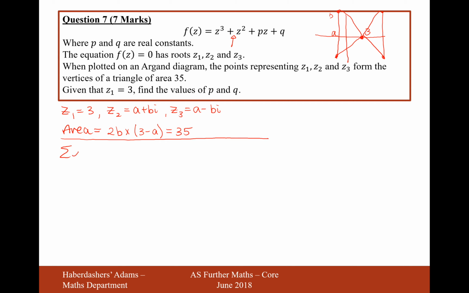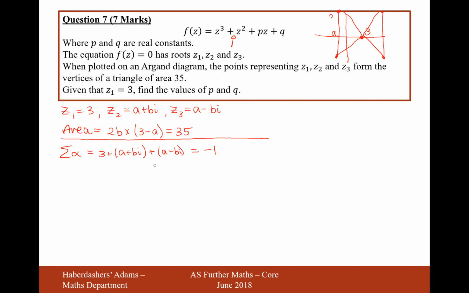So the summation of alpha equals 3 plus a plus bi plus a minus bi equals minus b over a, so this is going to equal minus 1.